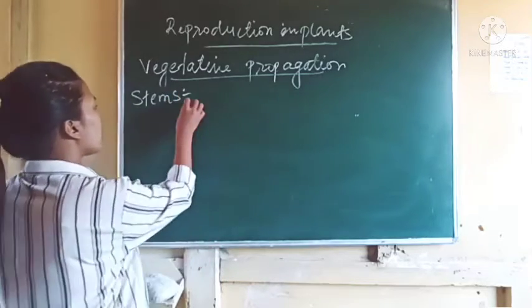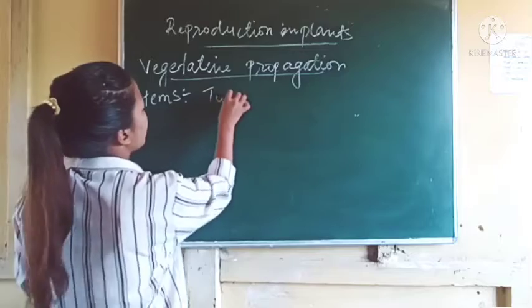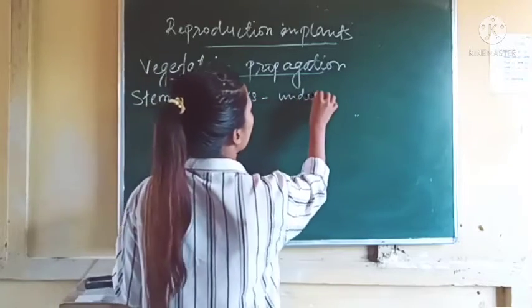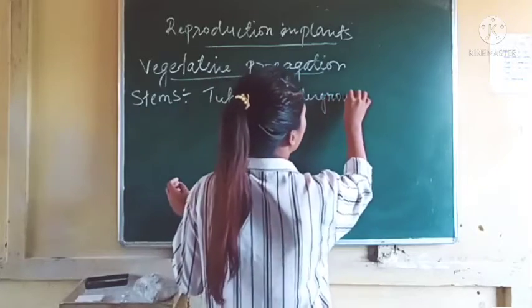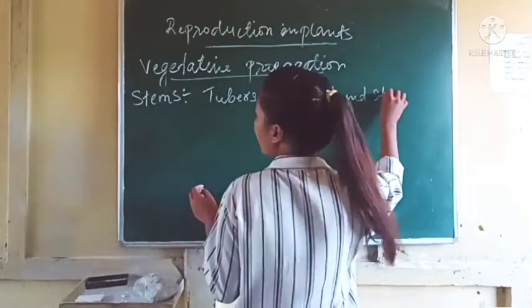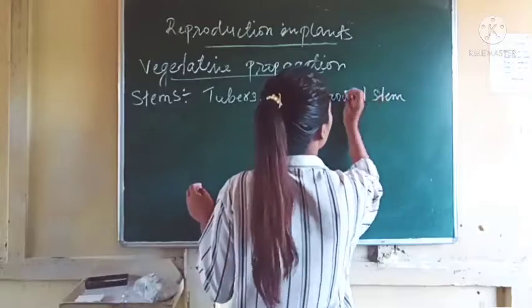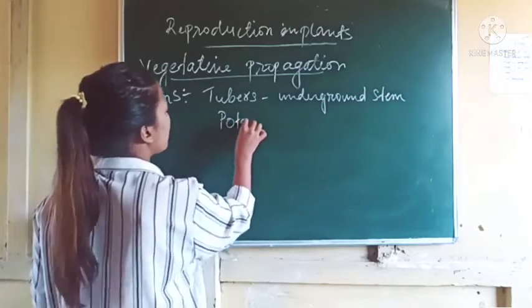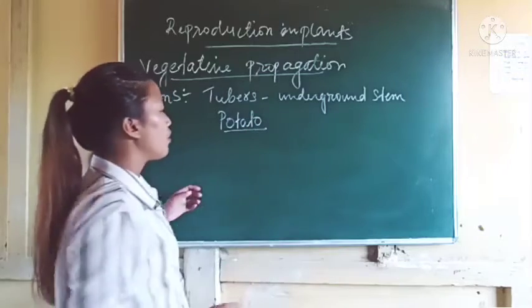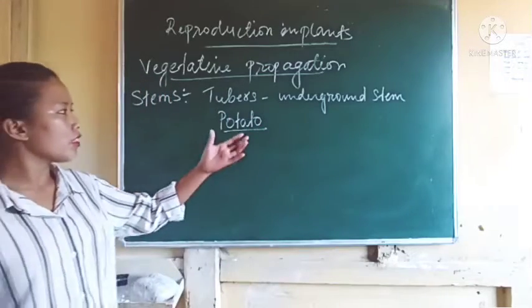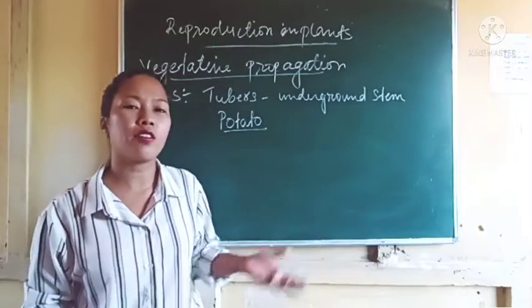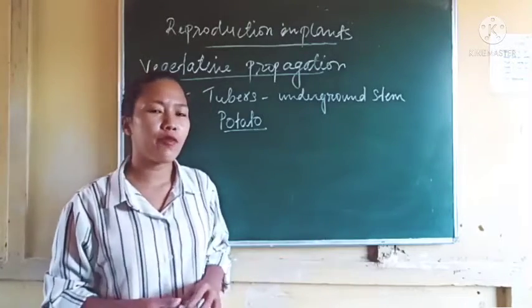The first one is tubers. Tubers are underground stems. An example of tubers is potato, not sweet potato, but the normal potato. Potato is a modified underground stem, modified for storing food.